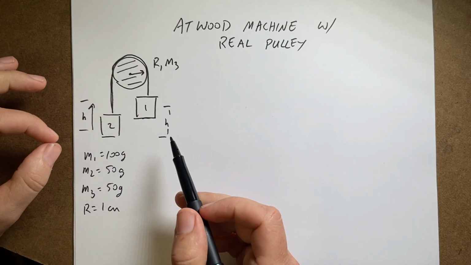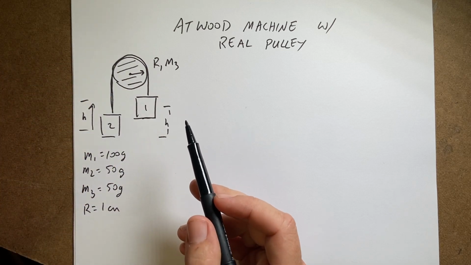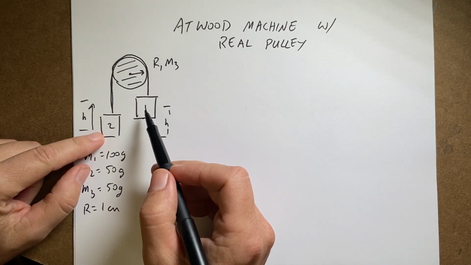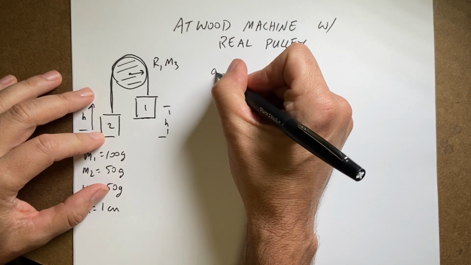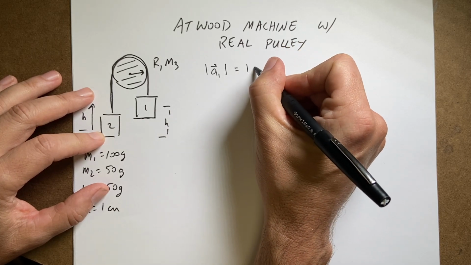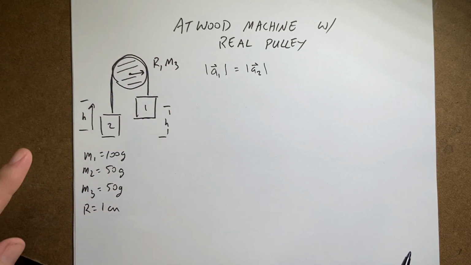So with an unstretchable string, those two distances have to match in the same amount of time. And that would give these two the same velocity magnitude, which would give them the same acceleration magnitude. So the magnitude of the acceleration for mass 1 would have to be the acceleration magnitude of 2, but in different directions. So if this one's going down, that would have to go up.